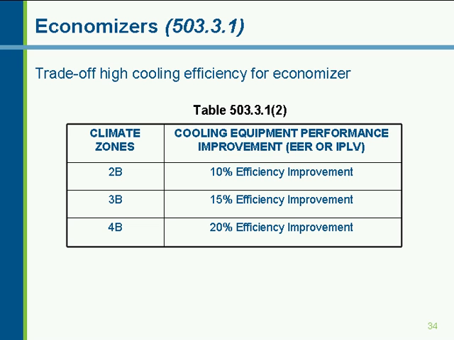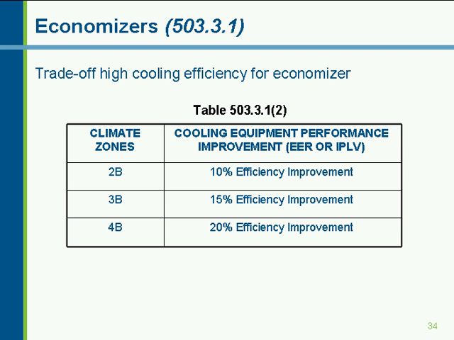There's also a trade-off table which gets you out of the economizer requirement if you provide high-efficiency cooling equipment in excess of the minimum requirements. You're exempt from the economizer requirement, and that's shown here in this table, 503.2.12.